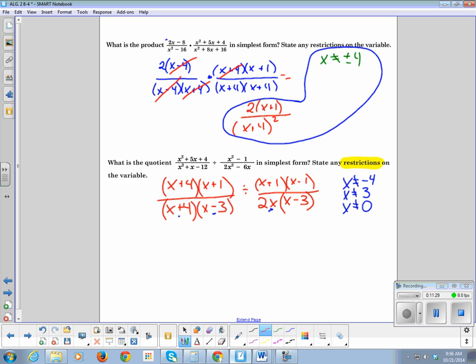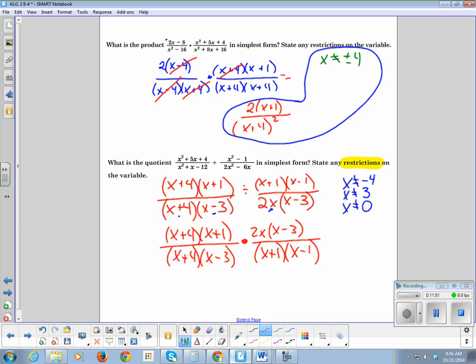So I'm going to rewrite this guy just as it stands: x plus 4, x plus 1, x plus 4, x minus 3, times, and I'm going to flip these guys. So 2x times x minus 3, x plus 1, x minus 1.